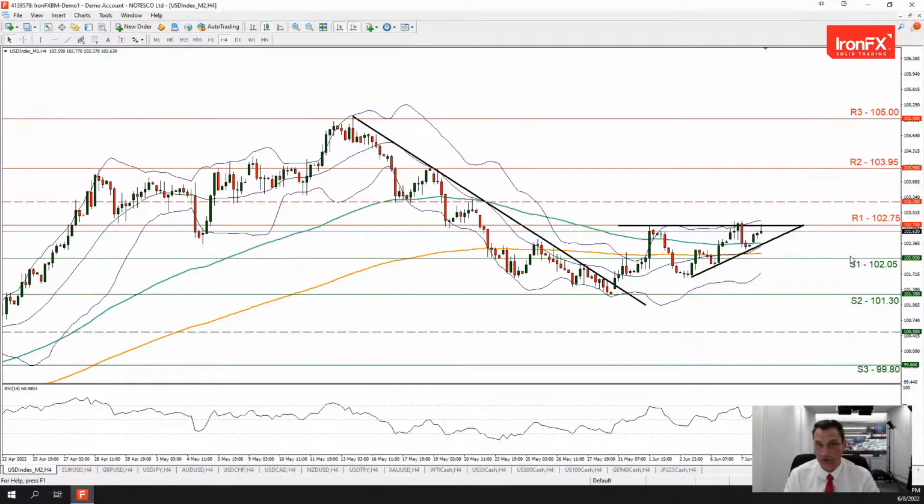For a bearish outlook, we would require a clear breaking of the pre-mentioned upward trend line, definitely a breaking of the 102.05, and the index to start aiming for the 101.30, which provided support around the 31st of May. Lower than that, we have a mid-level at 100.50 and even lower, the S3 at 99.80.